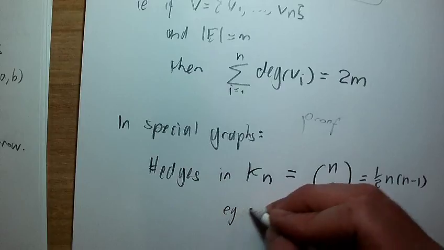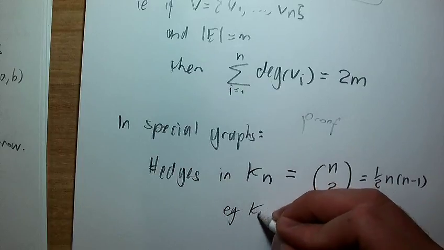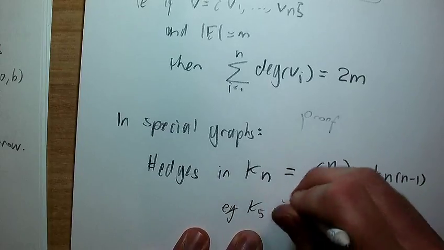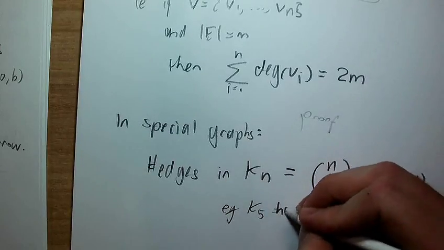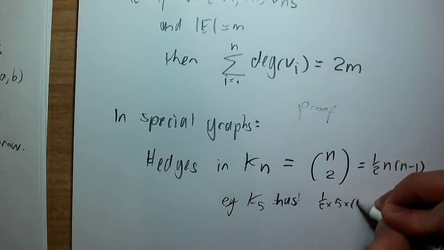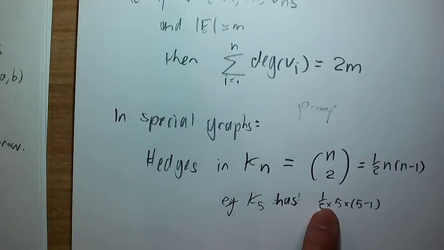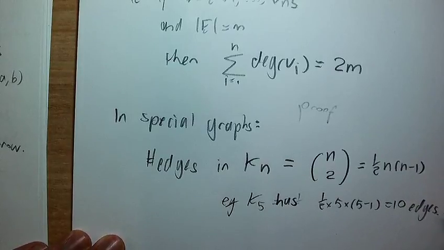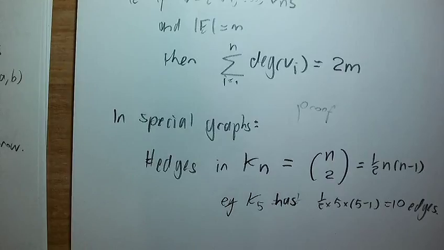So e.g. K5 has a half times 5 times 4, which is a half of 20, which is 10 edges. So that's our first special graph.